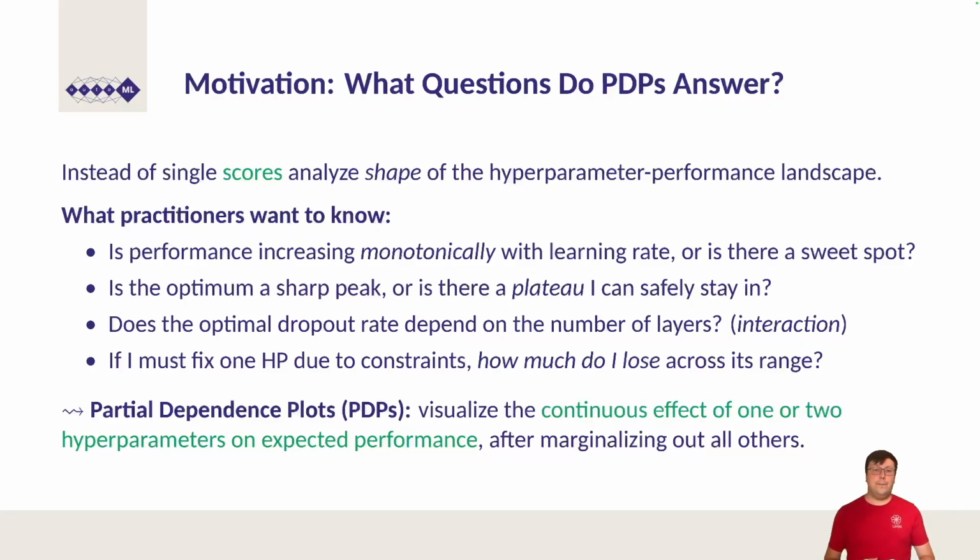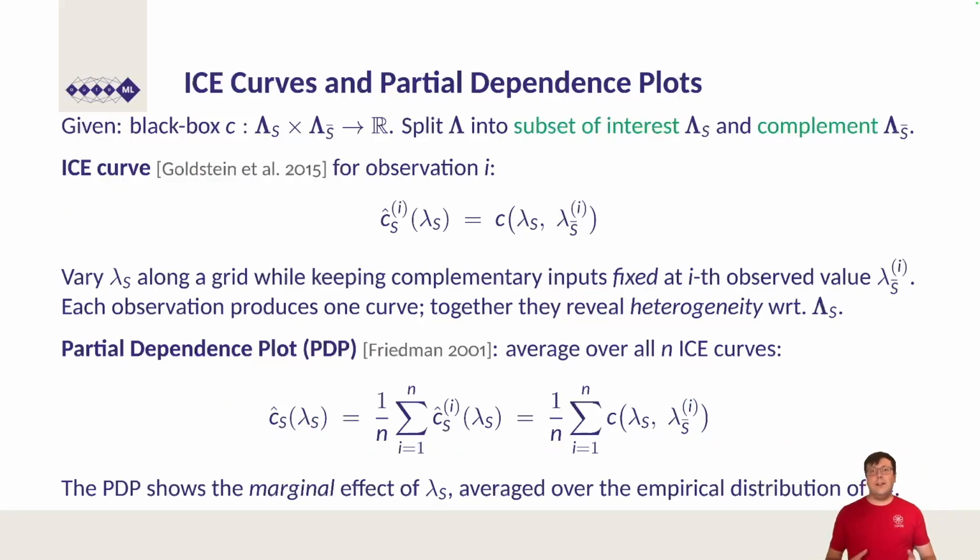the remainder. So to get started, let's have a look at two different definitions. The ICE curve, individual conditional expectation, from Goldstein et al., fixes the complementary hyperparameters at the observed values of one configuration and sweeps the hyperparameter of interest over a grid, tracing a single curve.